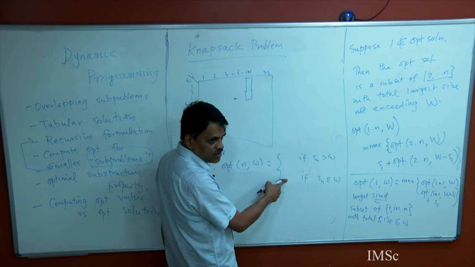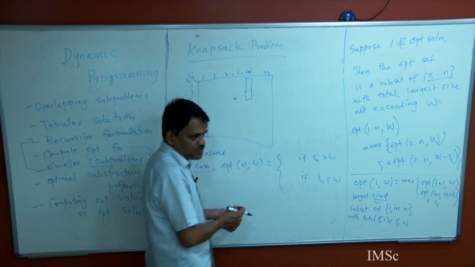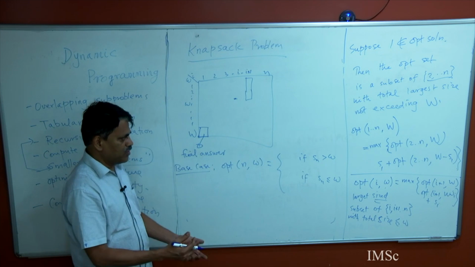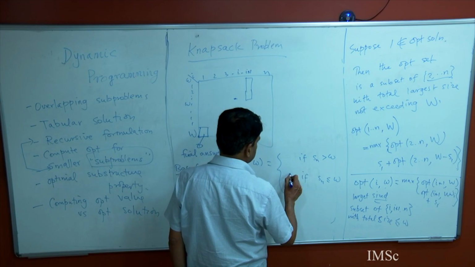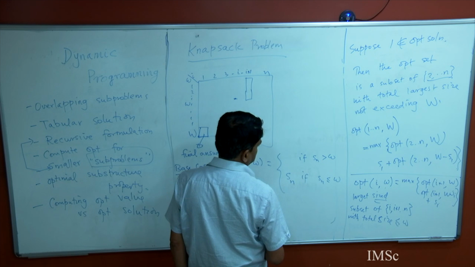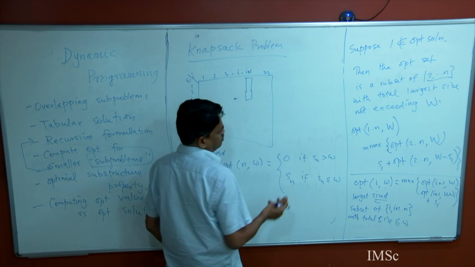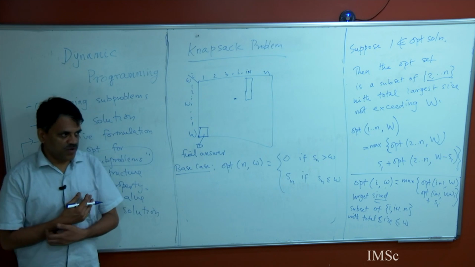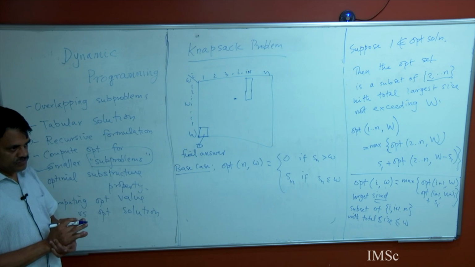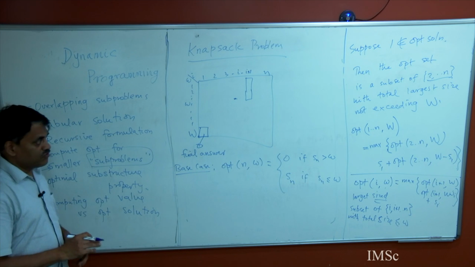What should I put here? Sn, right? Because I am going to take that object. If Sn is less than or equal to w, I am going to take that object, and so I am going to say Sn. Here 0, because I can't take this, the maximum capacity I can fill up is 0.